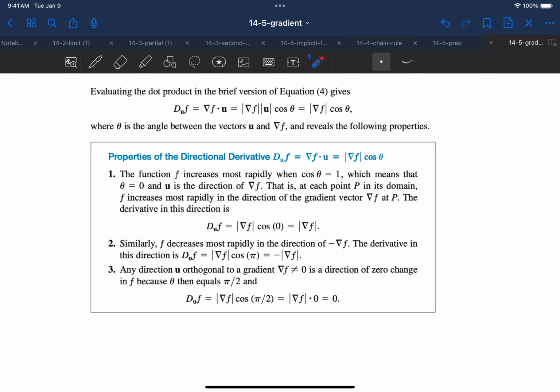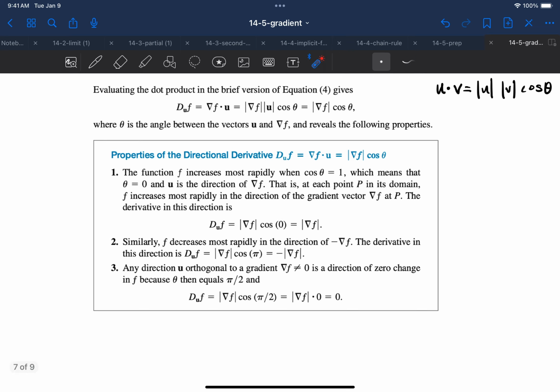We have the formula: the directional derivative is the gradient dot the direction. By the dot product, we can recall that if you have two vectors, u dot v, that means the magnitude of u, times the magnitude of v, times cosine theta. Theta is the angle formed by vectors u and v.